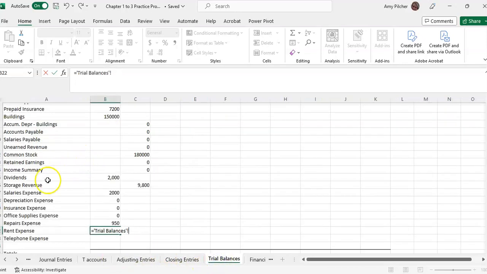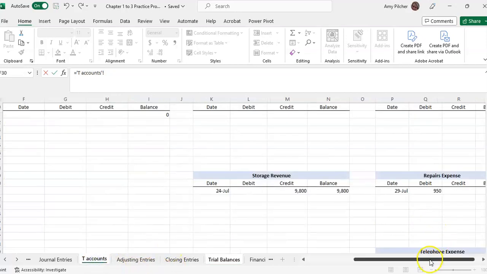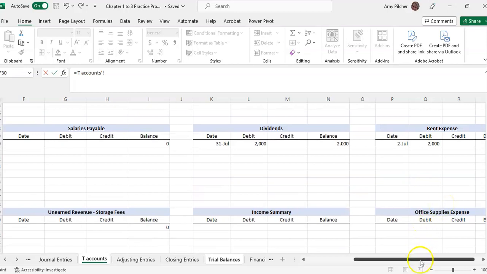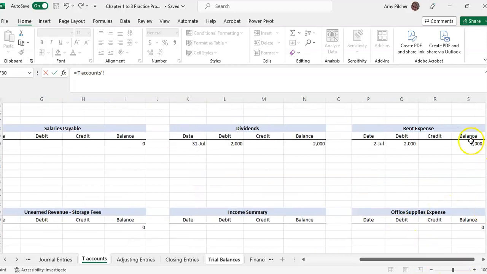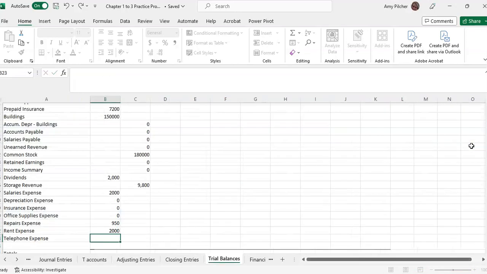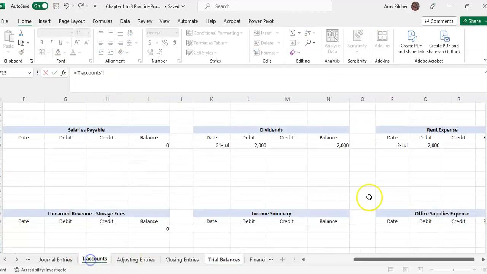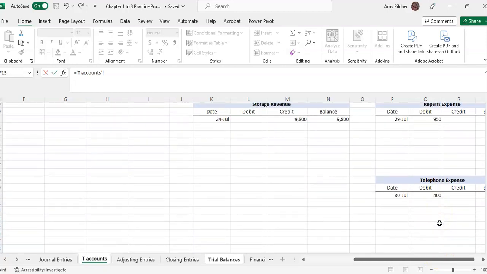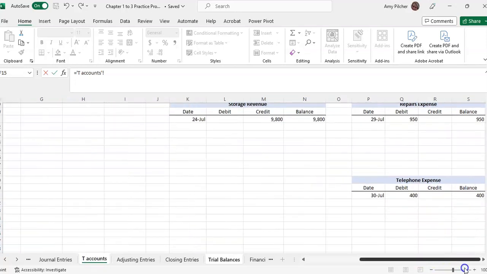Trial balances. Nope. Okay. Just making sure. It's because both those and salaries expense are 2,000. Okay, and then the telephone expense. It's our last expense of 400.